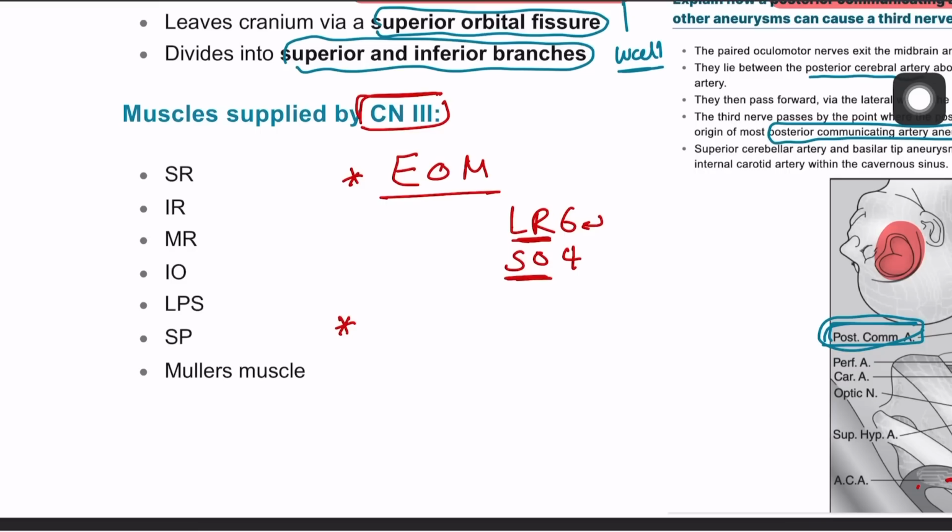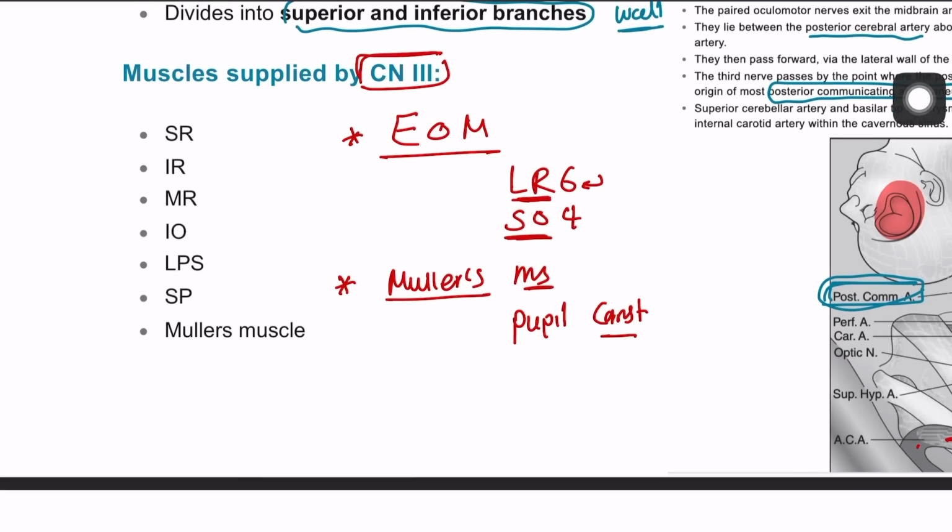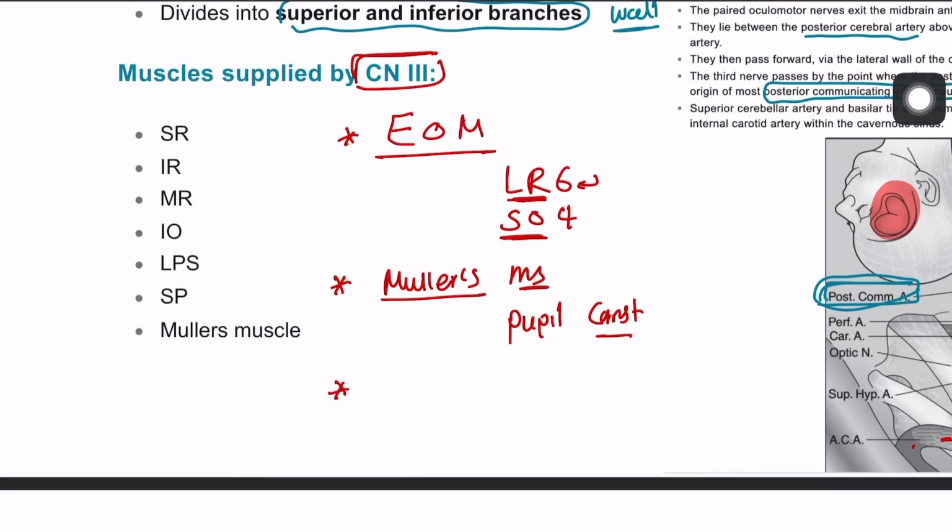It also gives the ciliary muscle, or the sphincter pupillae muscle, via the ciliary ganglion, and this is responsible for pupil constriction. Okay, it also gives to the levator palpebrae superioris muscle.